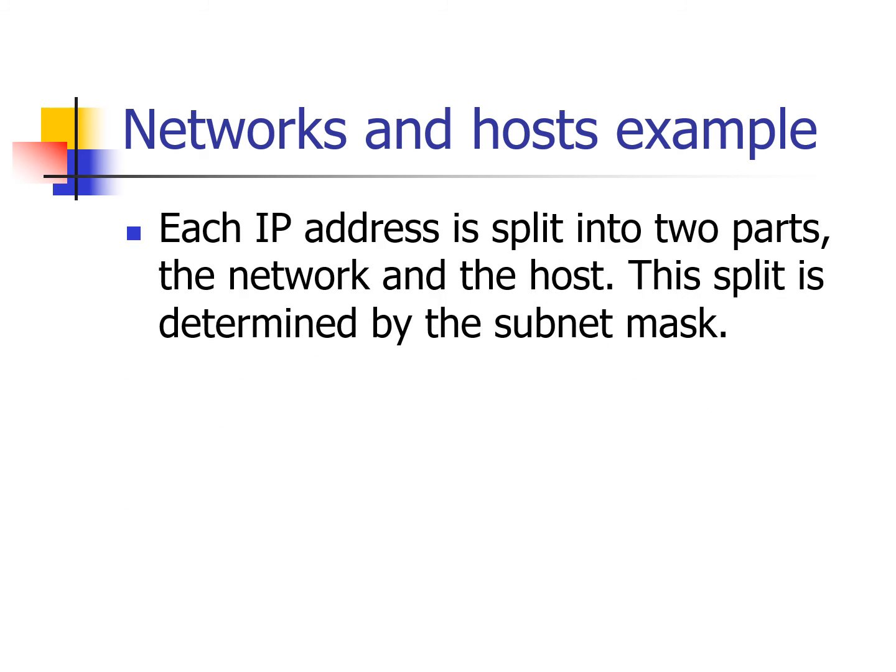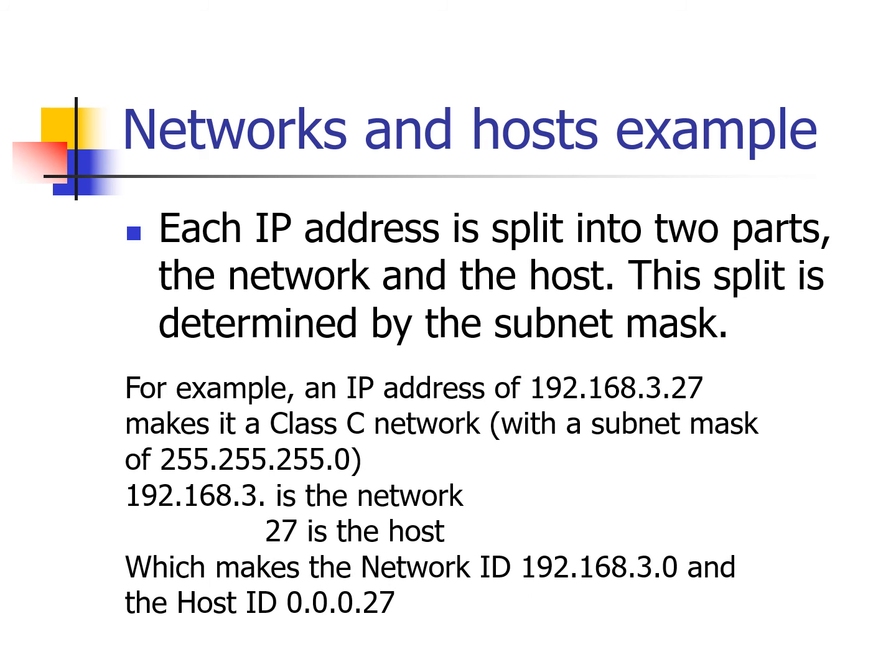Here's another example. We've got 192.168.3.27. That would make it a class C network because of the first digit. That means it should have a subnet mask of 255.255.255.0.